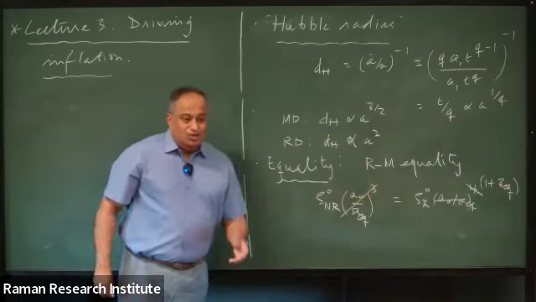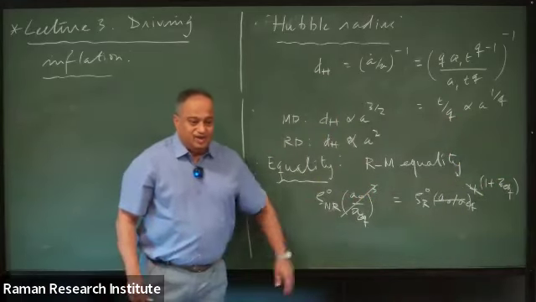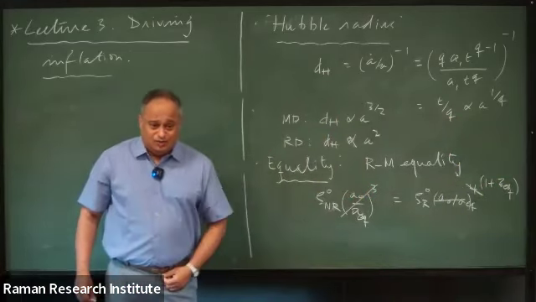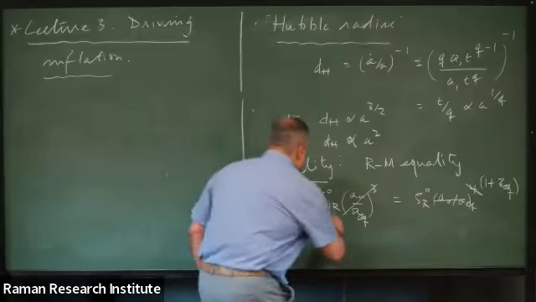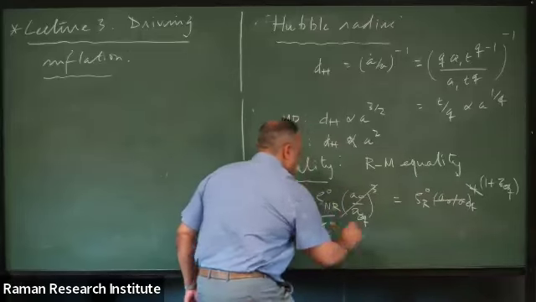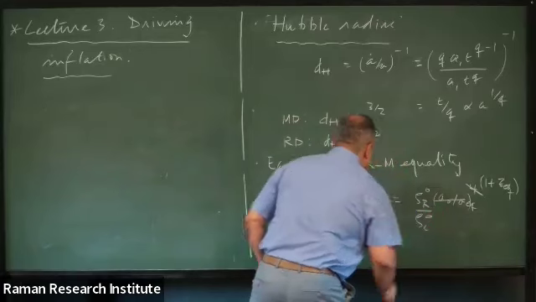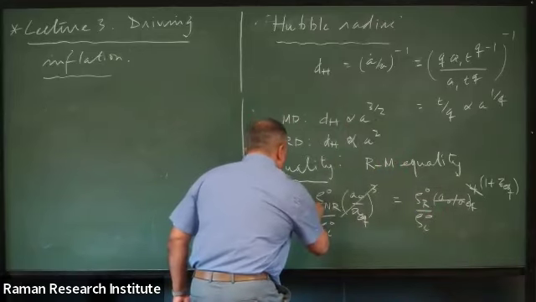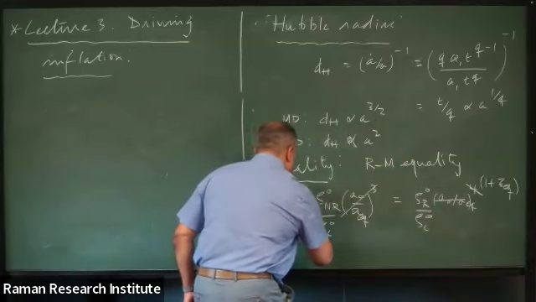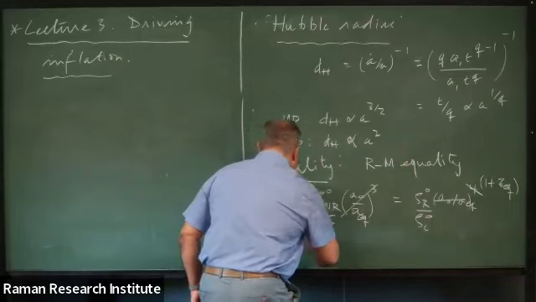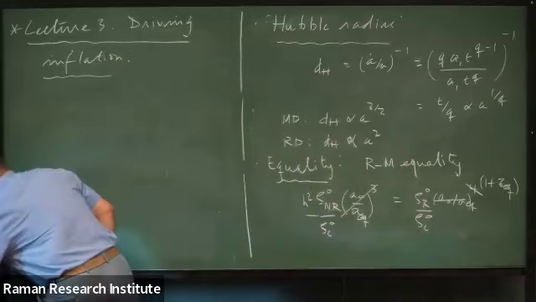Now, remember, we learned to write it in terms of cosmological parameters, whose values we know. So I divide by rho c naught on both sides, and then multiply by h squared on both sides.